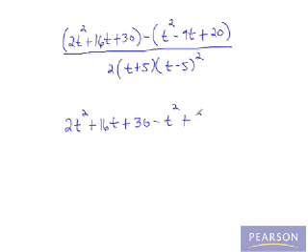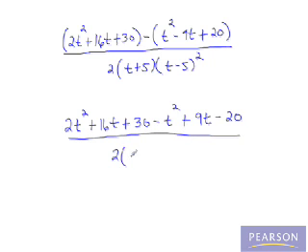So up top we'll have 2t² + 16t + 30 minus t², positive 9t, and a negative 20, all over our common denominator, 2 times (t + 5) times (t − 5) quantity squared.